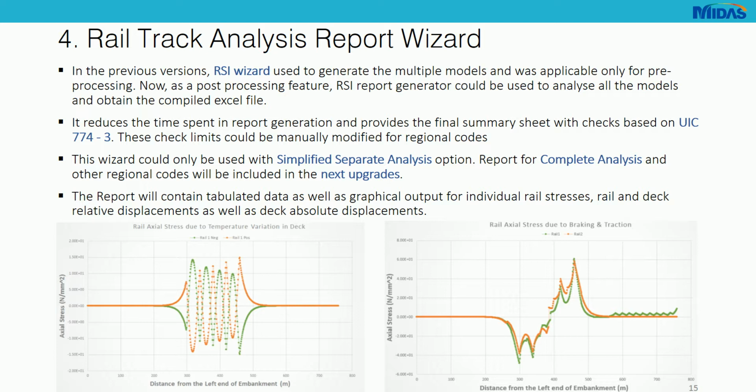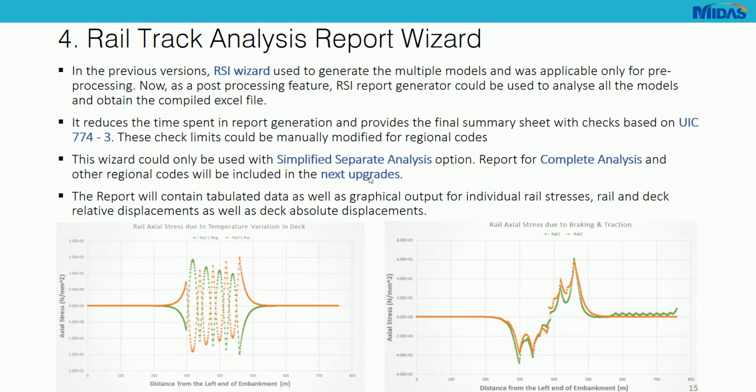Now with this addition, we can automatically generate a report with all the graphs and the checks as per UIC 774-3, and we can see checks for the rail axial stress with temperature variation in the deck, and displacements at the ends of the spans, and rotations at the end.